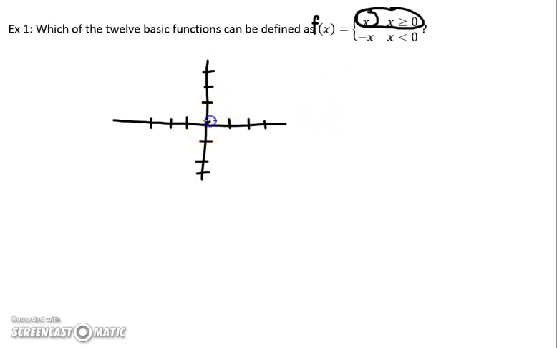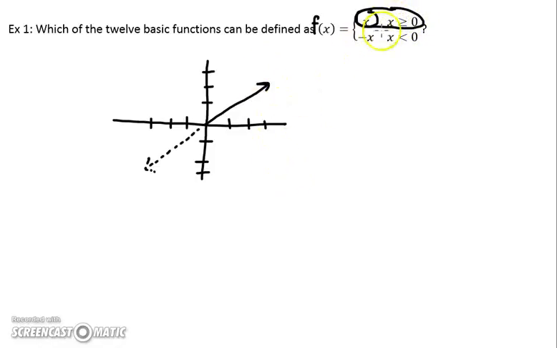So that would look like this. That's the graph of y equals x. Now, we can put a little dotted line here to show the entire thing of x, but we don't really want to consider this dotted part because we really only care when x is greater than or equal to 0.